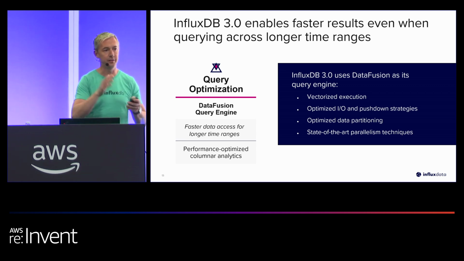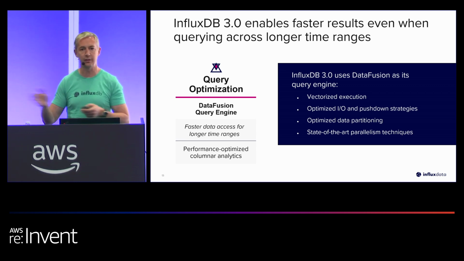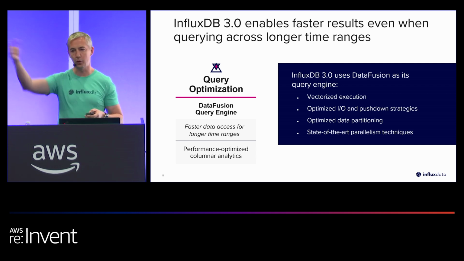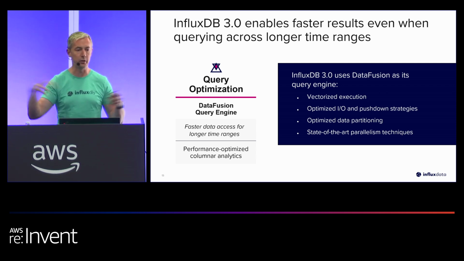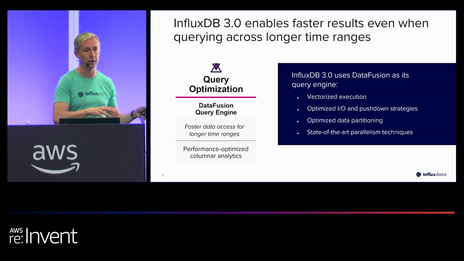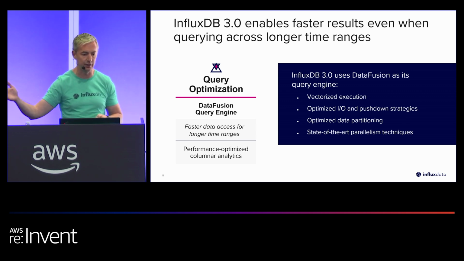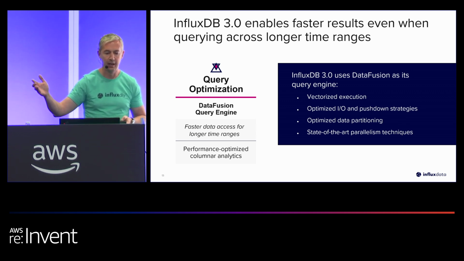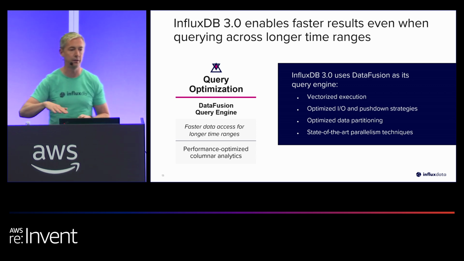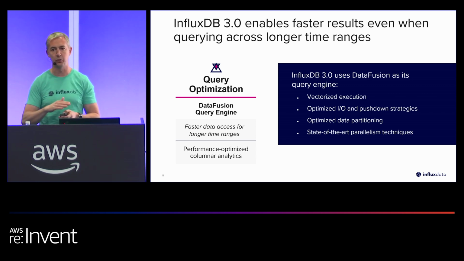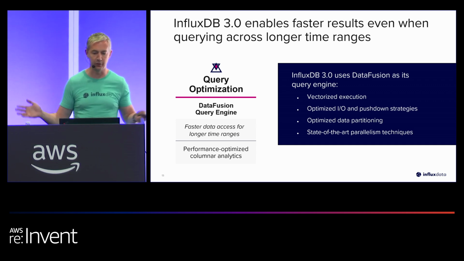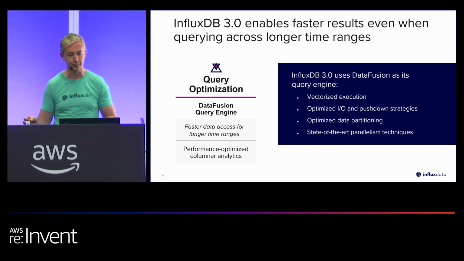And we have different ways of partitioning the data to make sure that when a query comes in, we can view which partitions are applicable to the query and only execute against those versus the entirety of data that's in the database. And all of this is paired with an execution engine that is able to parallelize across many cores and use as big of a server as you have available.